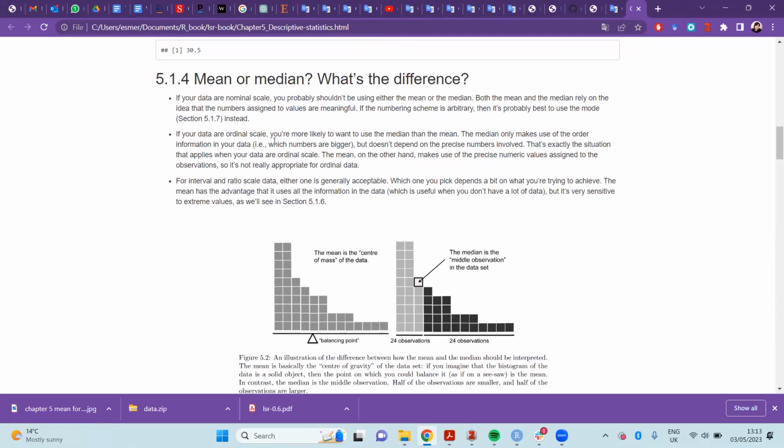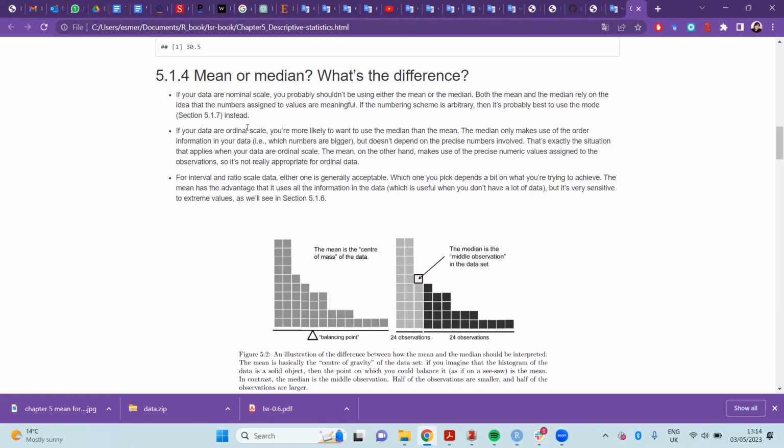And it says, for example, that for nominal data we cannot really use the mean or the median, and rather we can use the mode for describing nominal data sets.